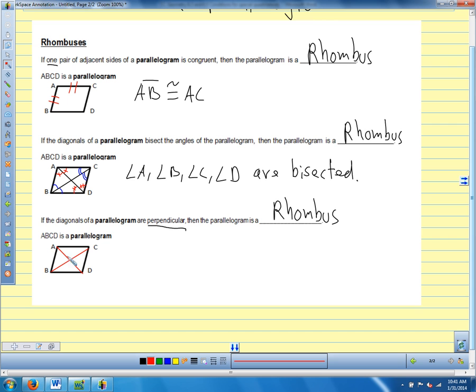So this angle is going to be a 90-degree angle. And I'll call that point E there in the middle. So we're saying the measure of angle AEC is 90 degrees.